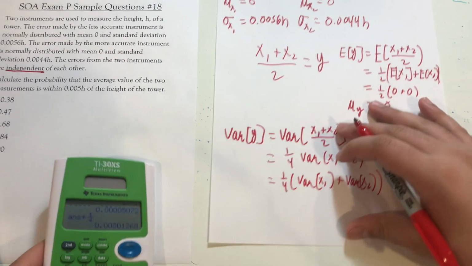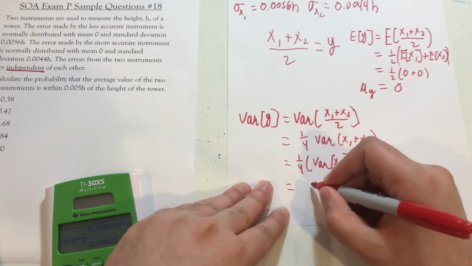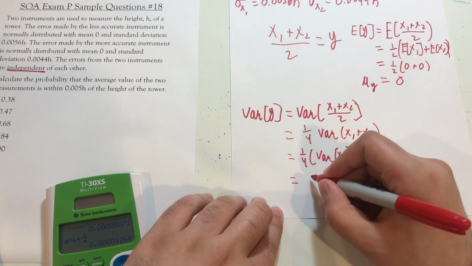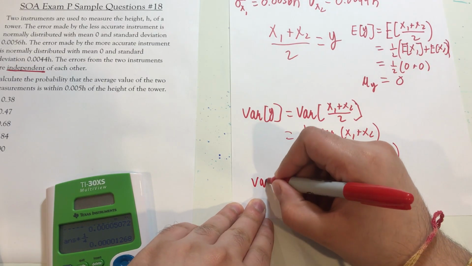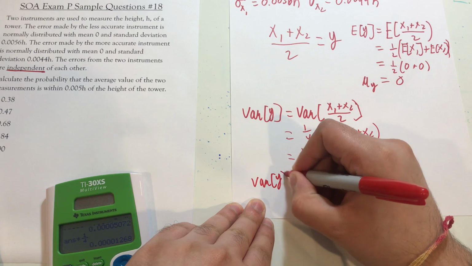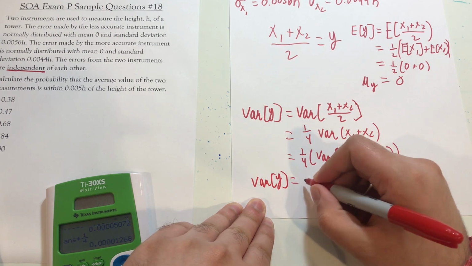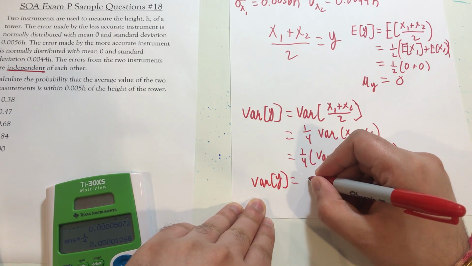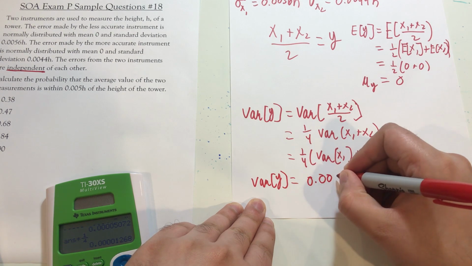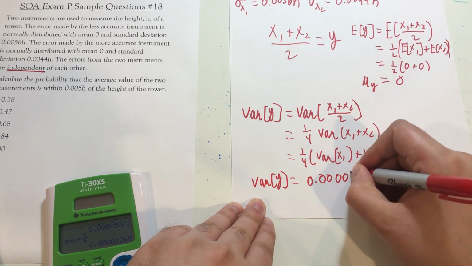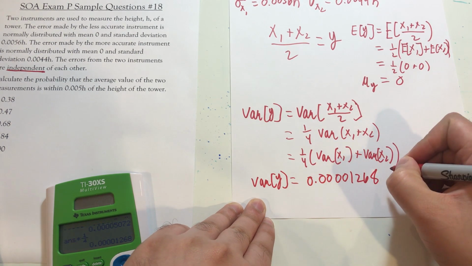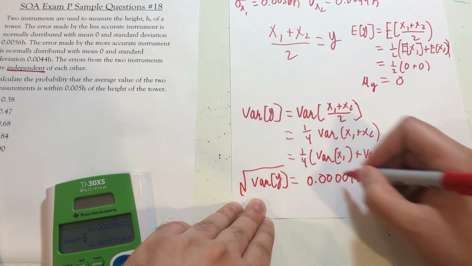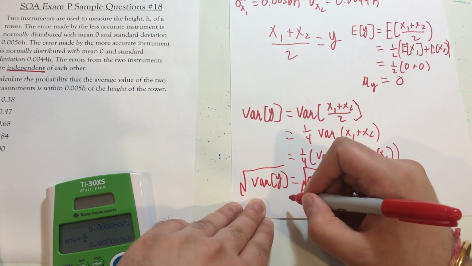gets me quite a small number, the variance of y equaling 0.00001268. And then in order to get the standard deviation, I square root the variance.